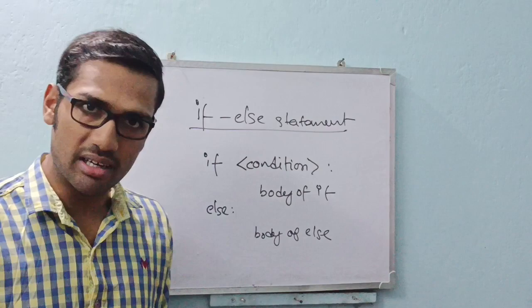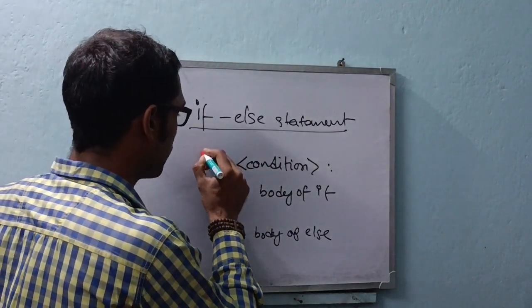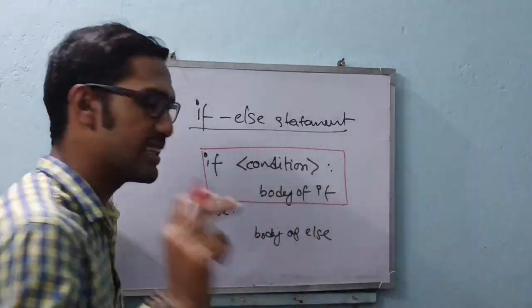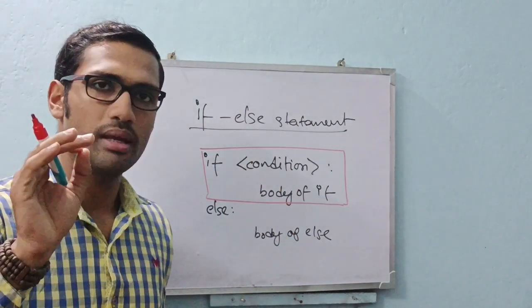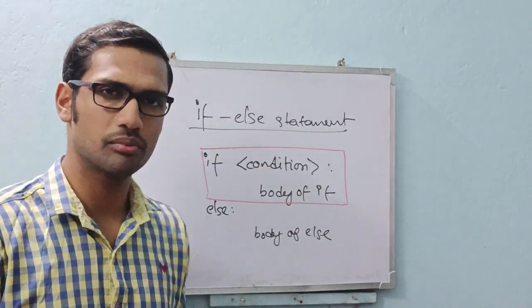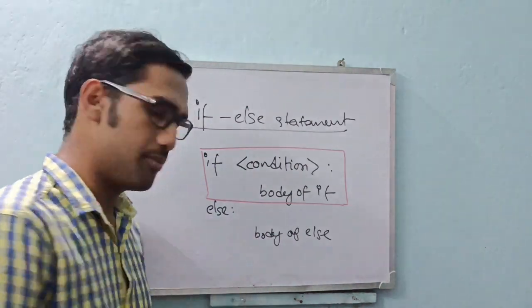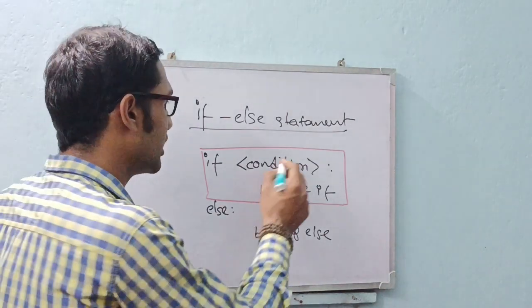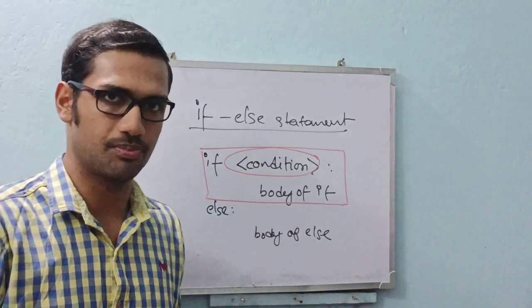Now we have understood that this particular portion gets evaluated if and only if the condition evaluates to true. Now we have the else part, which gets evaluated only when this particular condition evaluates to false.